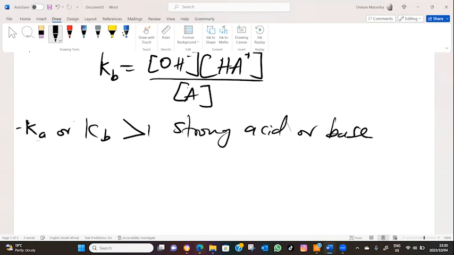Now, what happens to the ionization of water? H2O can also ionize. You add more water, you will get the following.